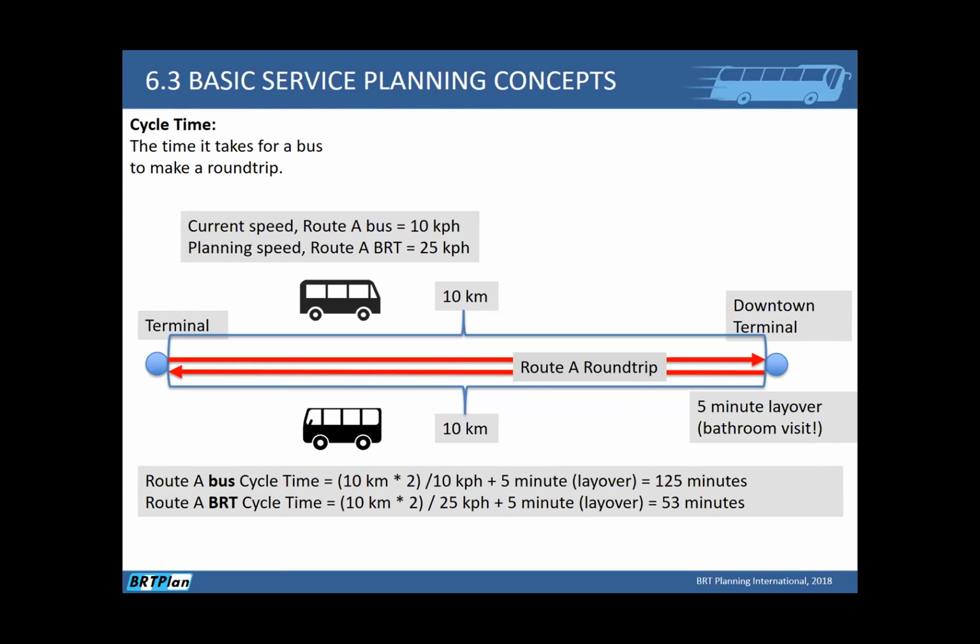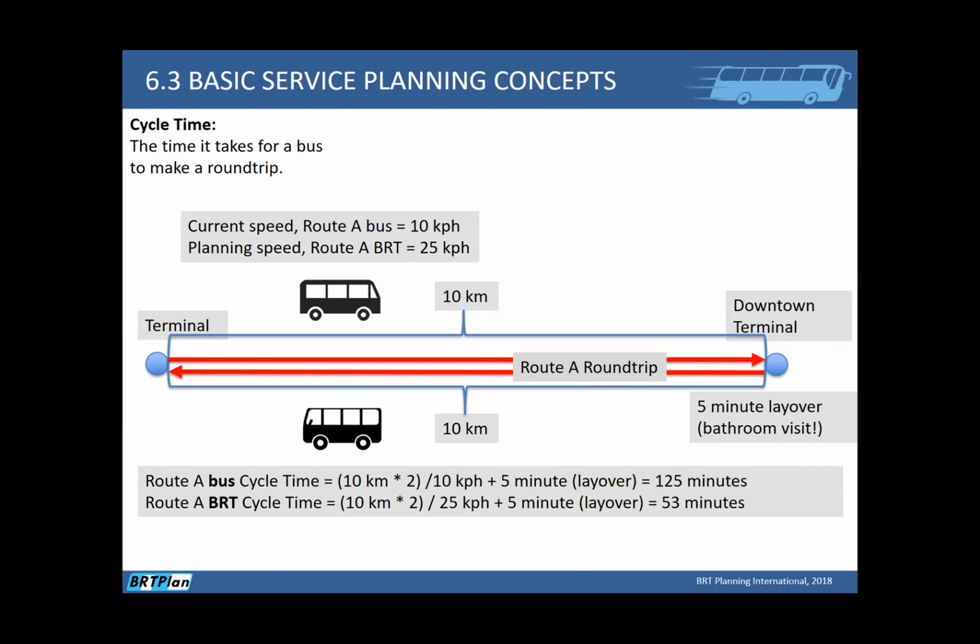Now, the way you figure out what the cycle time is, you use the formula from the previous page. So in this case, it's 10 kilometers from the origin to the destination, 10 kilometers back. You know that that's going to take a certain amount of time based on the speed.